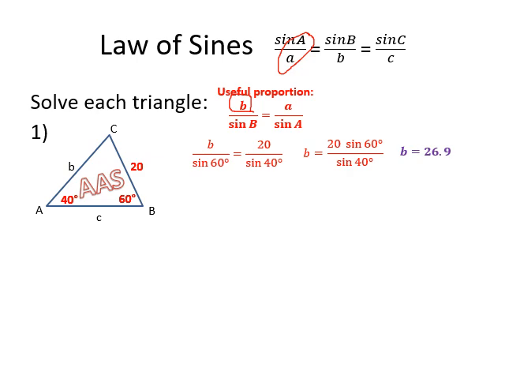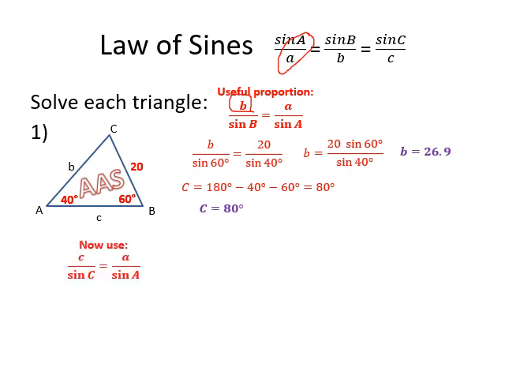We could have found angle C first too. We don't know it directly, but we could very quickly find angle C. We know the three angles of a triangle always sum to 180 degrees. So we know that angle C is 80 degrees. All right, now we want to find the side opposite angle C, or side C. So set up the proportion that you would think would be useful there.